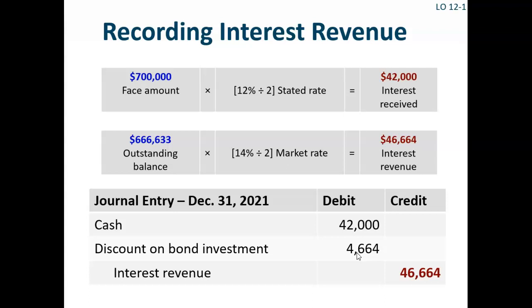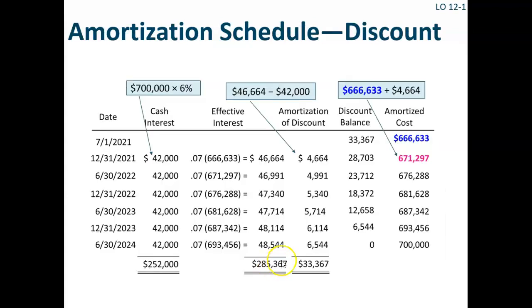That means the discount on bond investment account, which started out with a credit balance, is going to get smaller and smaller every month. And here it is. The discount gets smaller and smaller every month, because every month we debit this account for the difference between the cash received and the interest revenue we calculated.